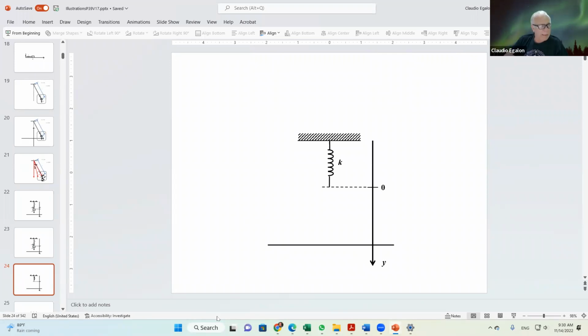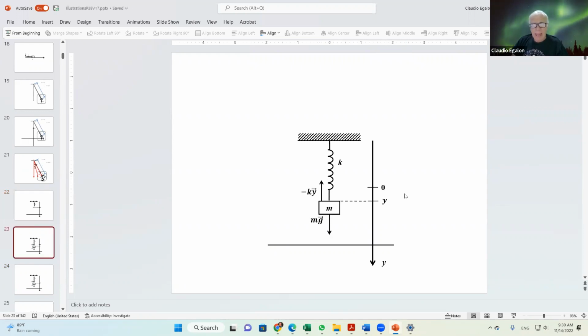Okay, we go ahead and attach a spring to the ceiling of a room, right? Provided I don't have any mass attached to the end, the spring is going to stay at this position that I call the position of equilibrium.